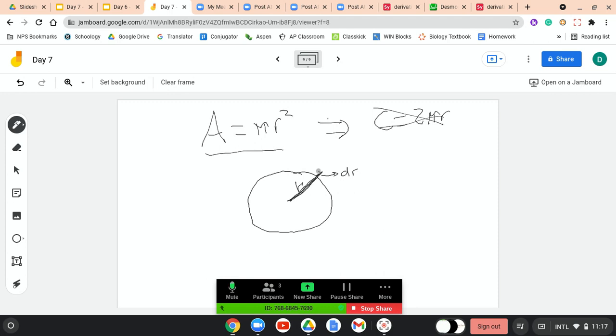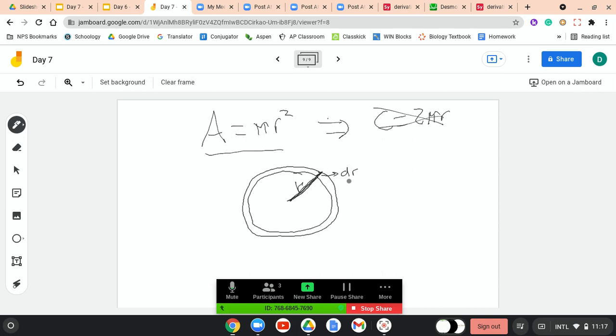And I want you to ask, what happens to the area of our circle as we increase our radius a tiny bit? Well, the area of our circle also increases a tiny bit, right? Yeah. So if I increase the radius a tiny bit, our area increases a little bit. But remember how when we're dealing with tiny changes to a value in calculus, we mean a tiny change that's getting closer and closer and closer to 0, right?